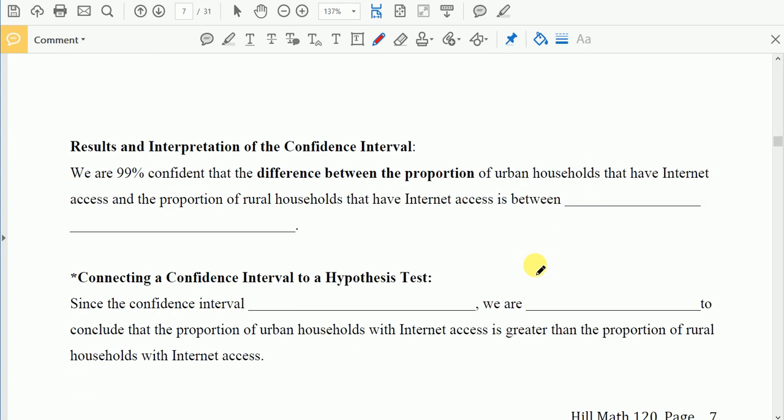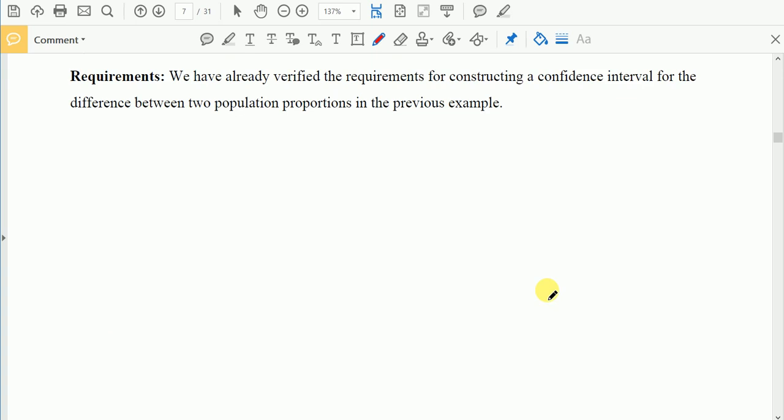Now let's do the testing. From the previous example, we already found P1 hat to be 0.4225, and we know that N1 is 800. P2 hat is 0.3893, and N2 is 750.